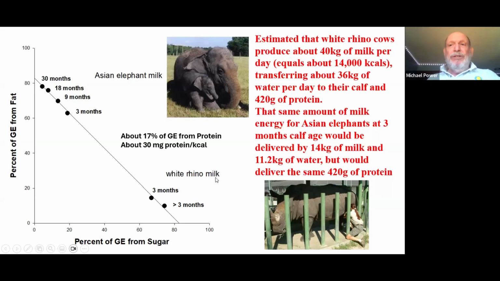Now, there are lots of other differences, and I would never feed a rhino calf elephant milk or an elephant calf rhino milk. But as a protein source, these are actually the same, which makes sense when you realize that these calves basically grow at about the same rate, close to a kilogram a day in both species.